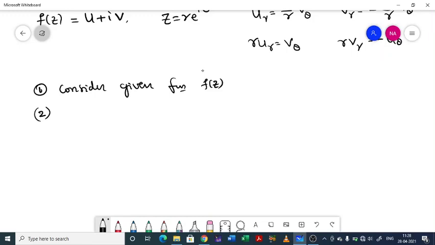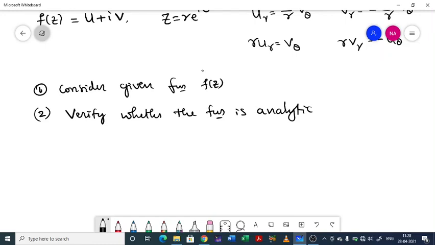It does not hold good for a function which is not analytic. So verify whether the function is analytic. If the function is not analytic, you have to stop the procedure there only.